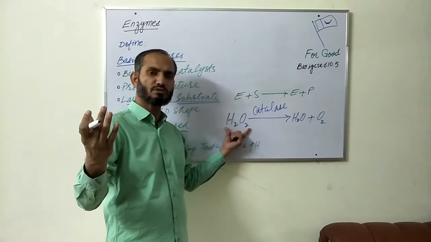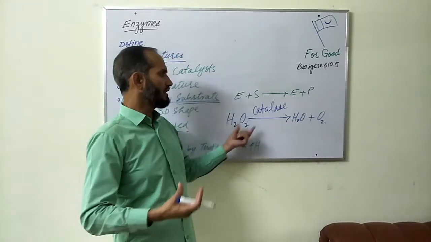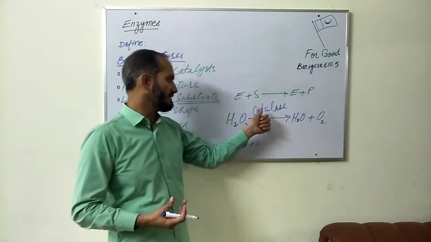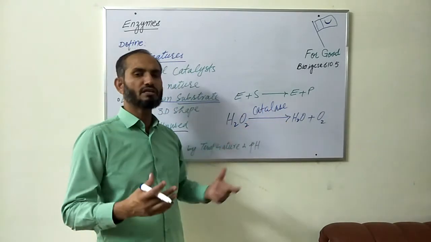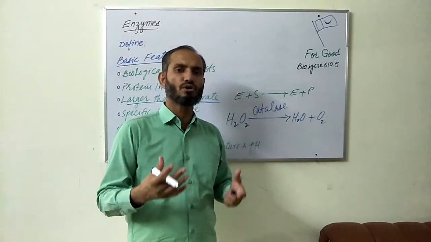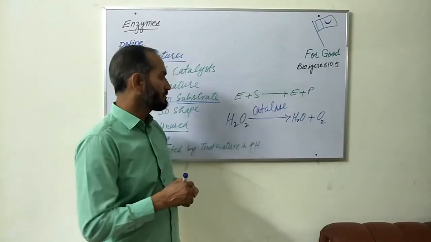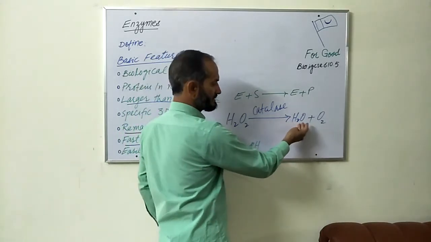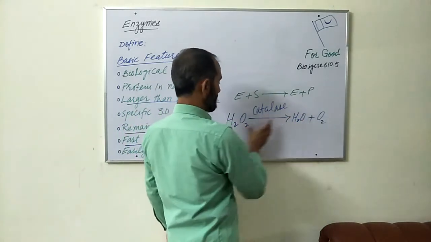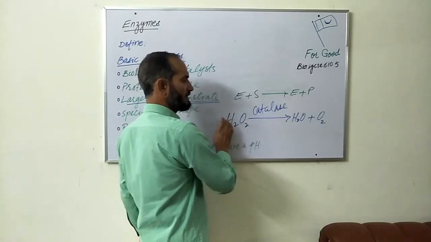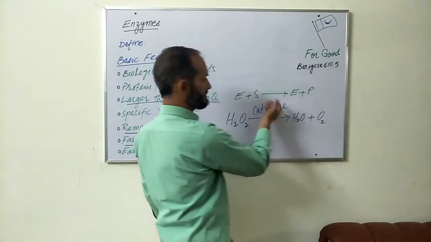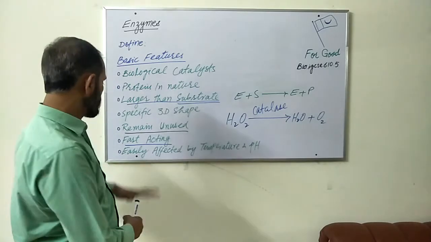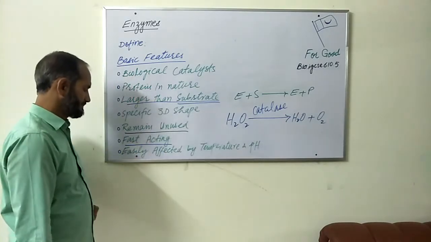Everywhere it's being produced in all the living organisms. So every living organism is producing the enzyme catalase, and as hydrogen peroxide is a toxic chemical, a strong oxidizing agent, it must be broken down into harmless chemicals, water and oxygen, and that's why hydrogen peroxide is very quickly converted into water and oxygen by the enzyme catalase. So enzymes are very fast acting.